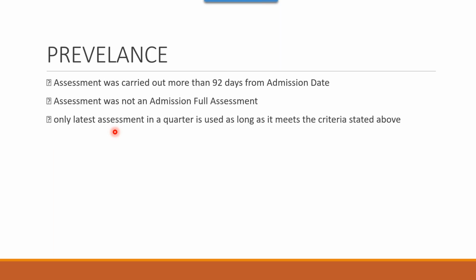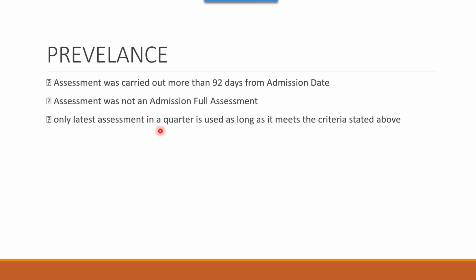Recall that all assessments will be removed from the study if those assessments are 92 days or less from the admission date. So you've got to be in the system for 93 days or more. If it's the initial full assessment, that 14-day assessment, that will also be excluded.